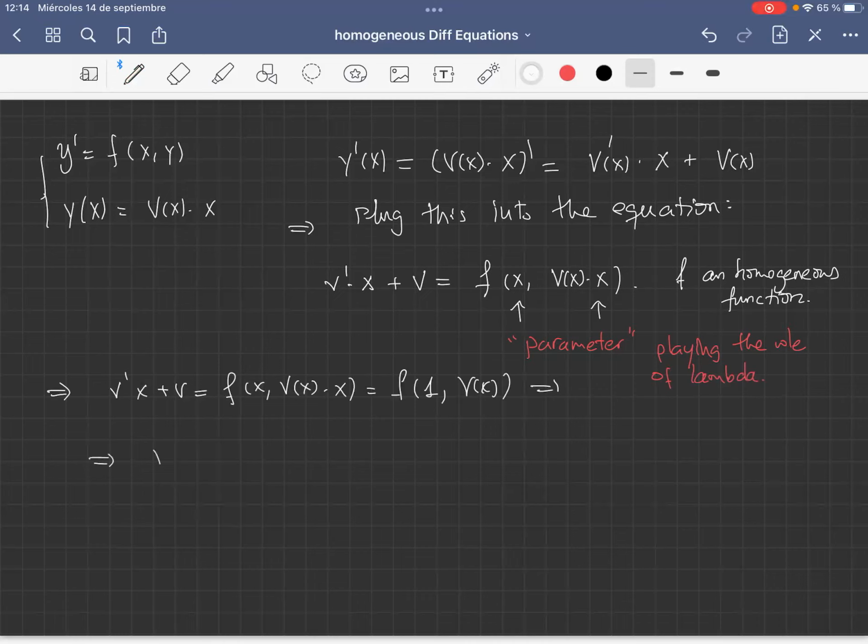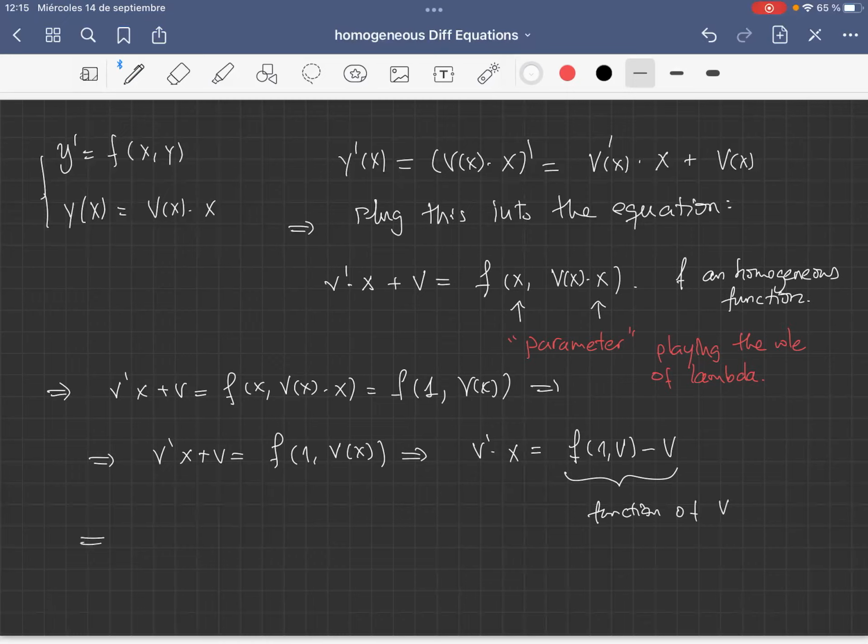Well, this actually means that our equation has turned into an equation that for the moment looks simpler. See this, it's possible to put on the right hand side everything dependent on v. This is only a function of v. And here we can now safely say that our equation has separable variables.